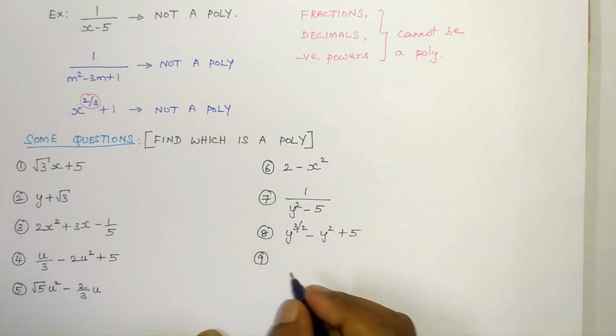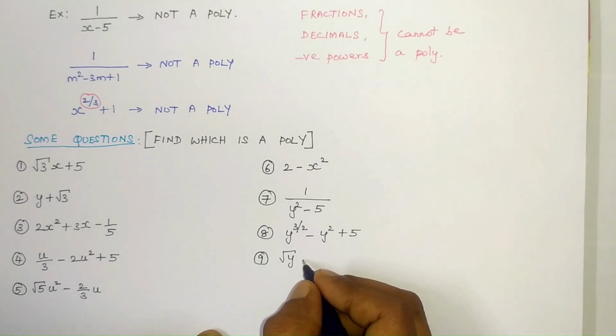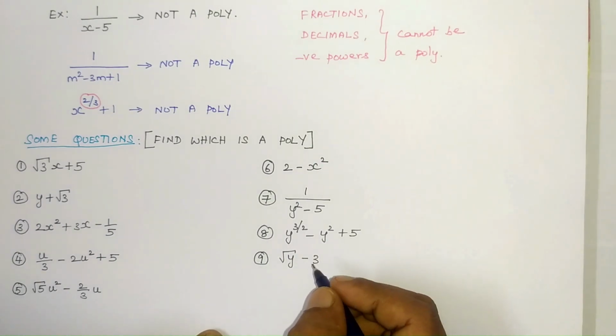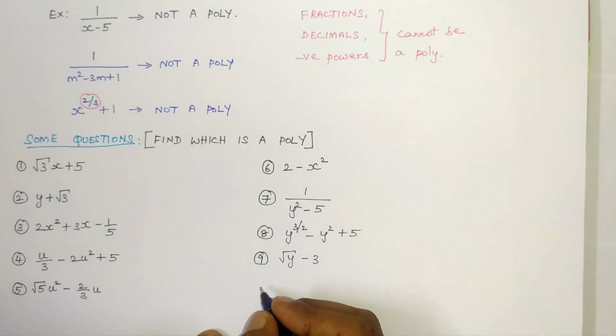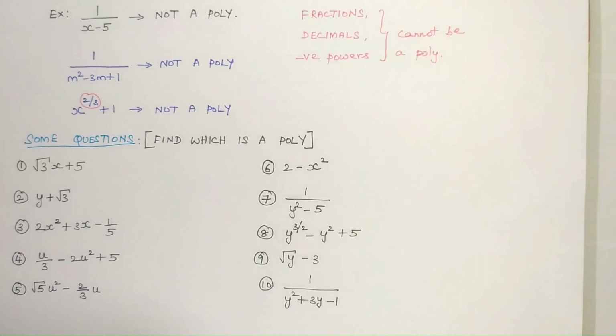Ninth one is square root of y root y minus 3. The last one: 1 by y square plus 3y minus 1. So there are 10 problems. You can pause the video and try to answer which is a polynomial and which is not a polynomial.